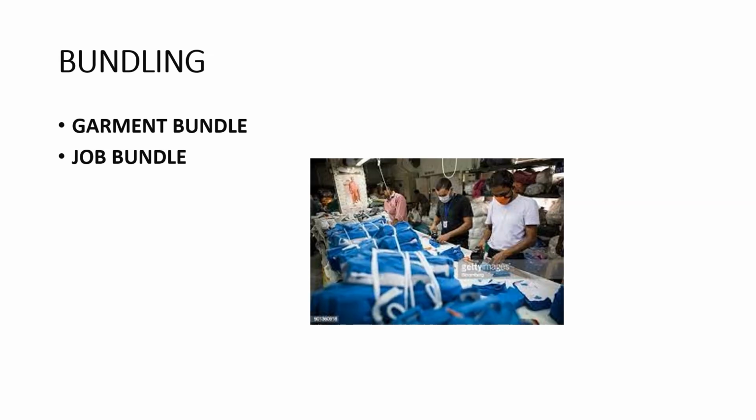There is another important aspect of bundling, called the job bundle. So there are two aspects of bundling: one is the garment and the other is the job. What do you mean by this? You can see different garment bundles shown in the figure.